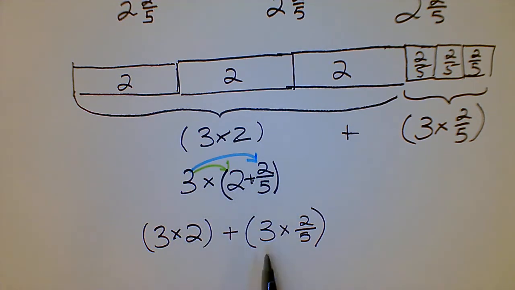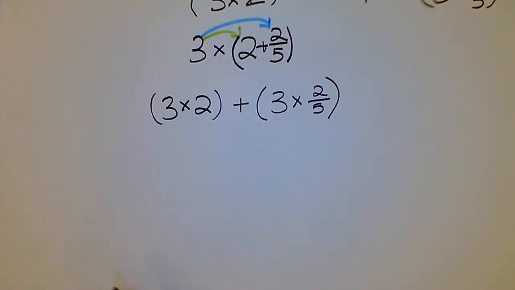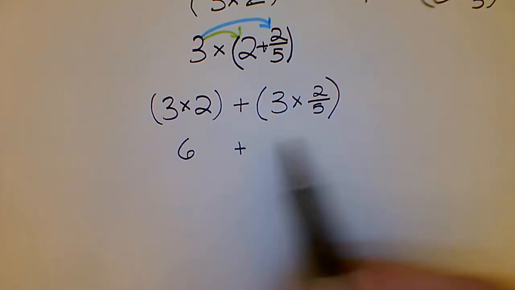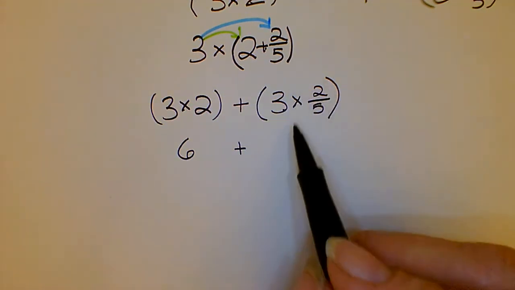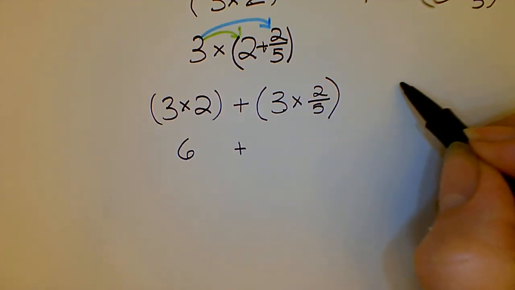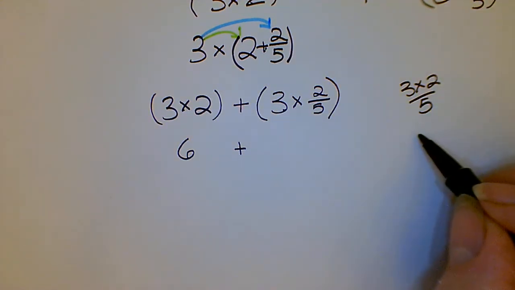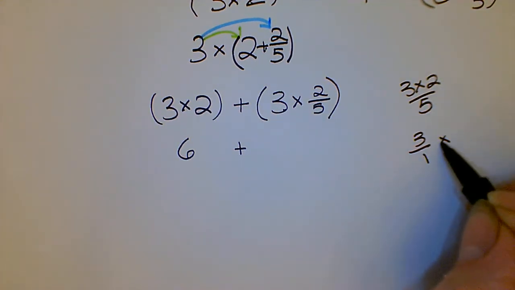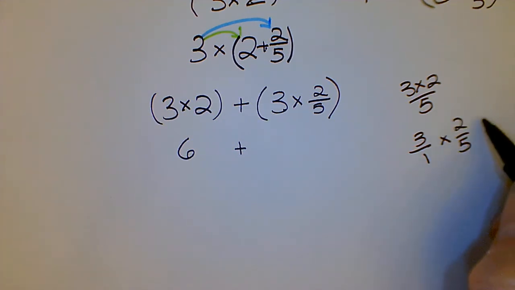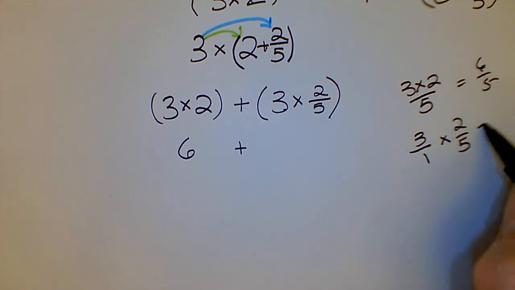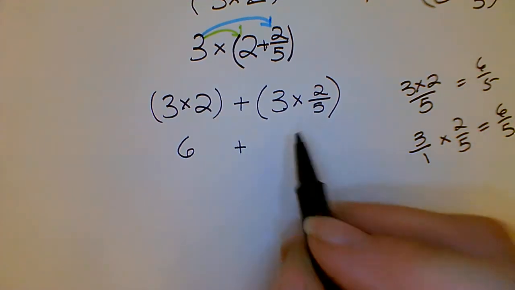Okay, so now let's solve this. 3 times 2 is 6 plus, and again, 3 times 2/5, and remember we have those 2 different ways we could do it. We could do 3 times 2 over 5, or we could say 3 wholes times 2/5. Either way, we're going to get the same answer, which is going to be 6/5. So let's put that here.